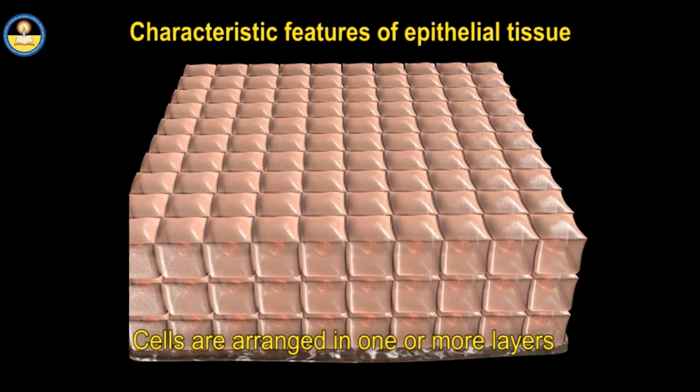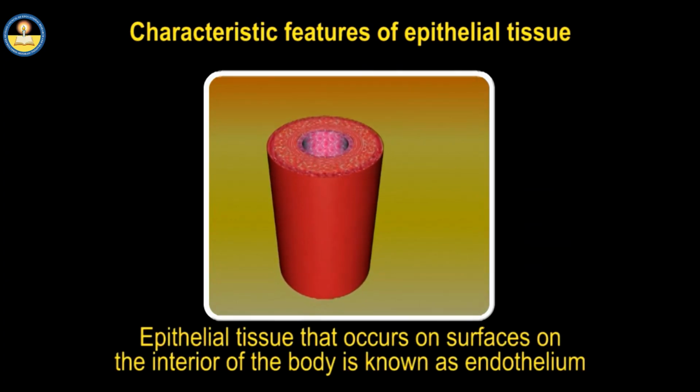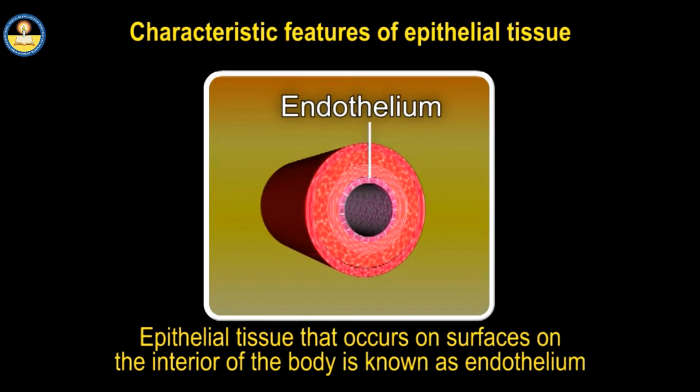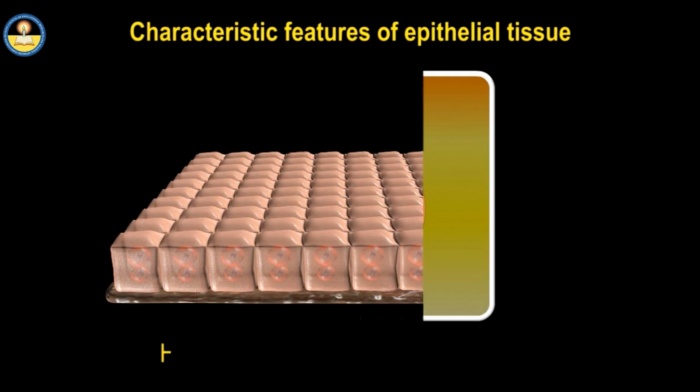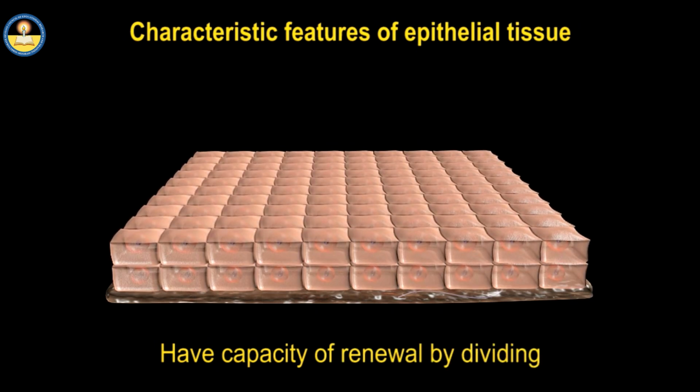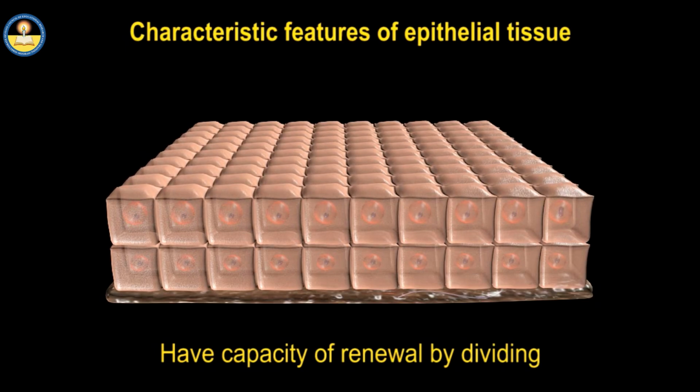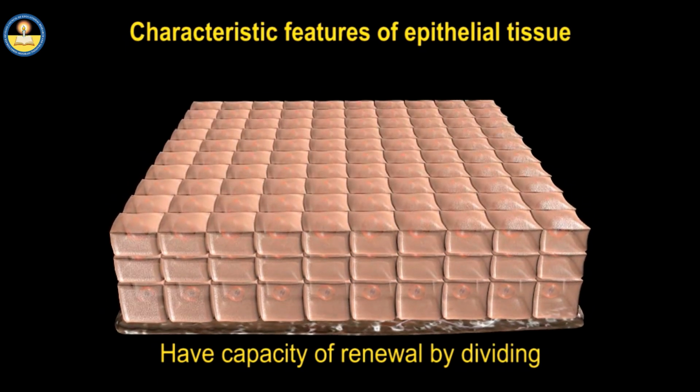Epithelial tissue that occurs on the surfaces on the interior of the body is known as endothelium. Actually, epithelium is the name given to the cells that line a surface. The epithelium keeps on dividing to replace itself by the division of the basal layer of the cells.